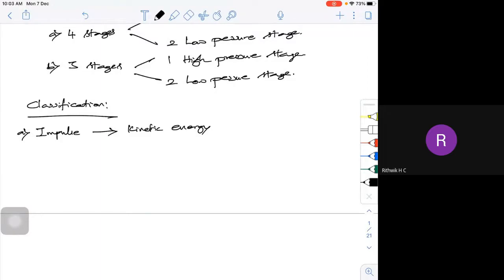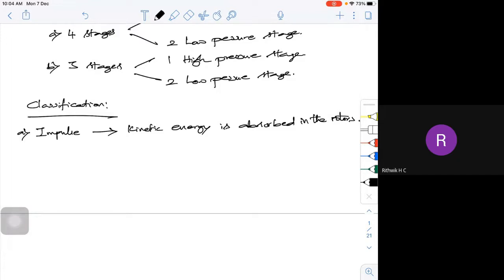The kinetic energy is absorbed in the rotors. If there is an absorption of kinetic energy in the rotors, I call such a machine an impulse machine. So if the steam is the working fluid, it becomes an impulse steam turbine.